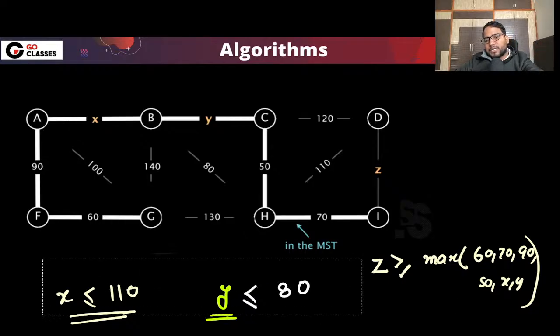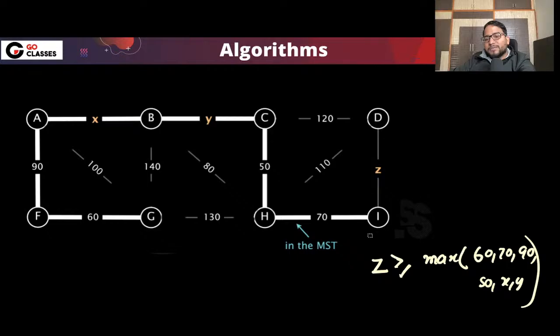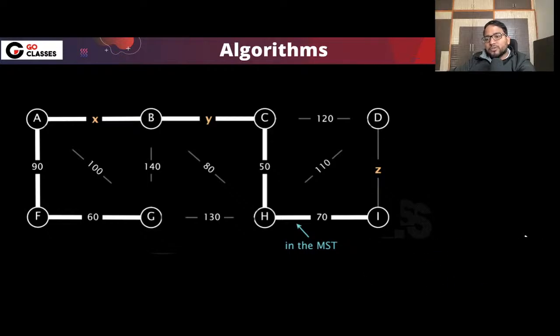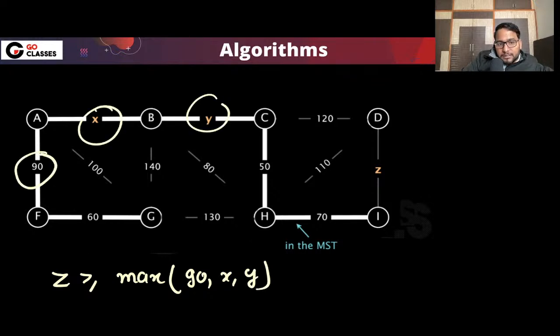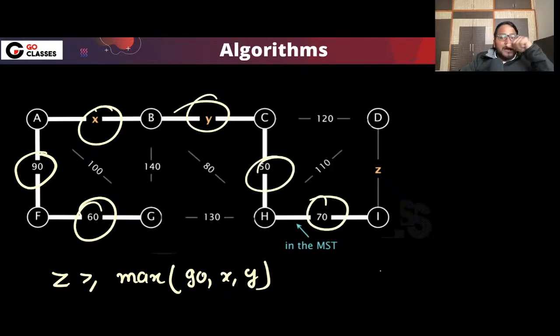Let me just tell you from the z perspective what is happening. So z is basically greater than or equal to, because z has not been chosen yet, right? Since z has not been chosen yet, z must be greater than or equal to the max of 90, x, y, isn't it? Why? Because this 90, x, y, 60, 50, 70, all of this has been chosen before z, and z is also not forming a cycle. It's not like z is forming a cycle.